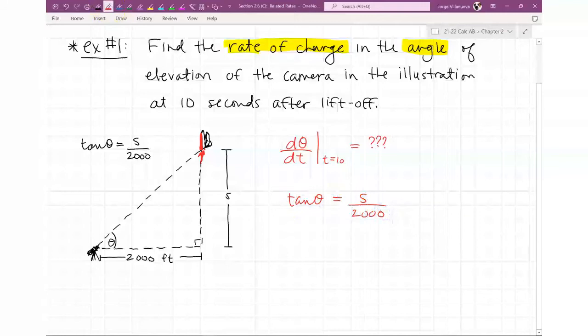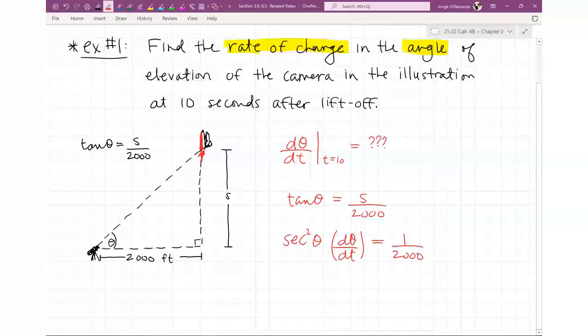And I'm going to take a derivative of it, okay? So when I take a derivative of tangent of theta, what do I get? All right, secant squared theta d theta dt, right? Because I took a derivative of a function with theta, right? Not a t. Now, S over 2,000. You guys got to understand that's 1 over 2,000 times S, right? So we do have a constant of 1 over 2,000.